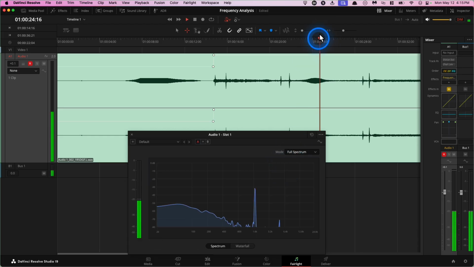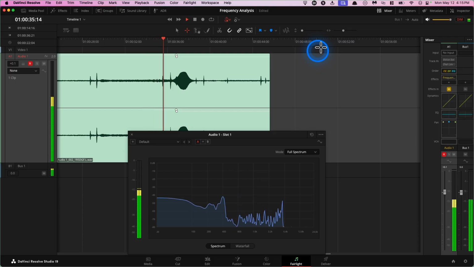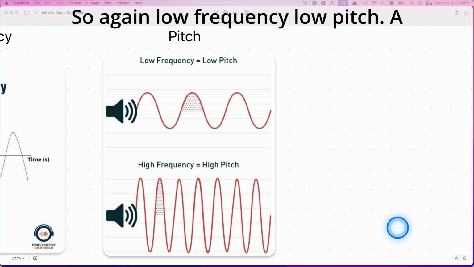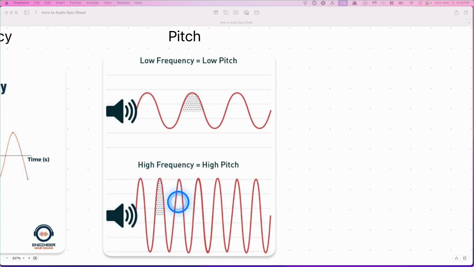And we'll keep going. So again, low frequency, low pitch. A higher frequency is a higher pitch in tone.